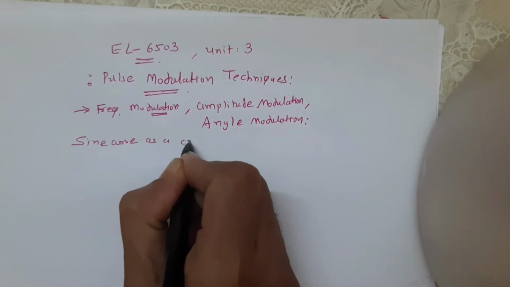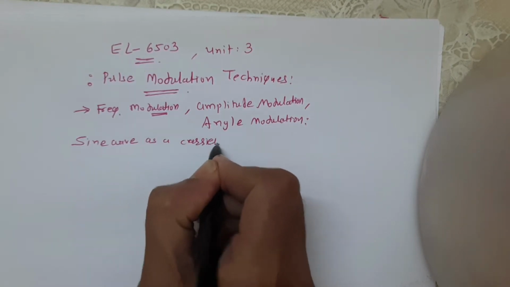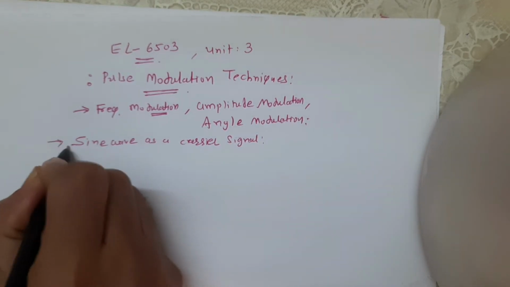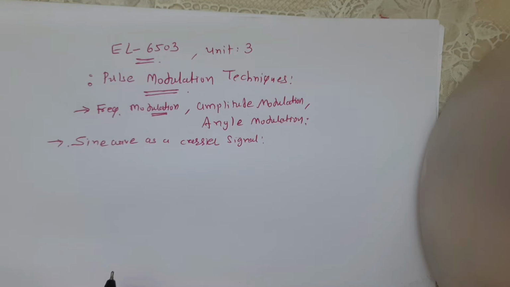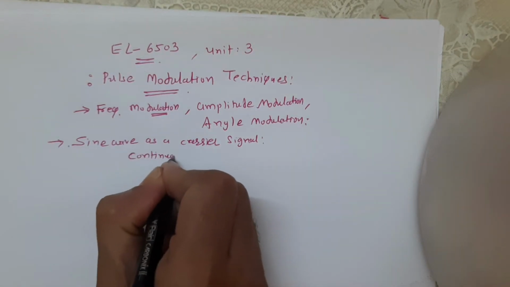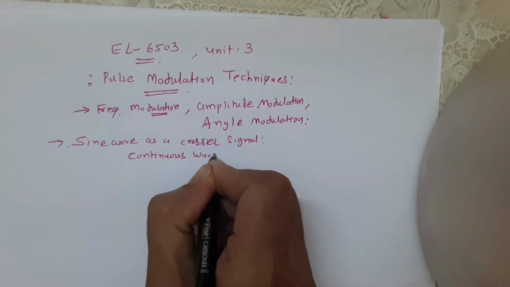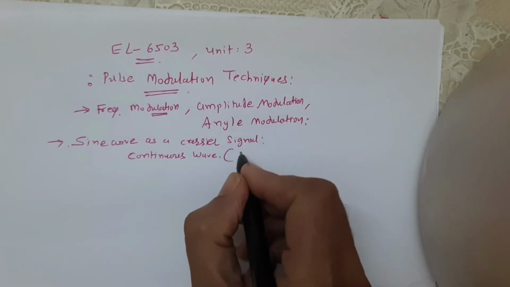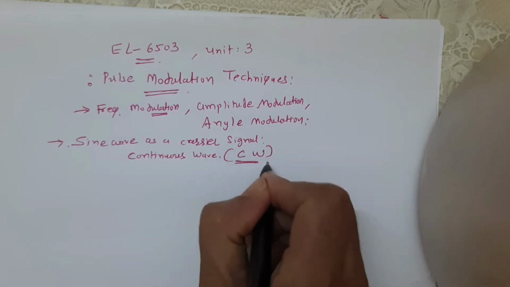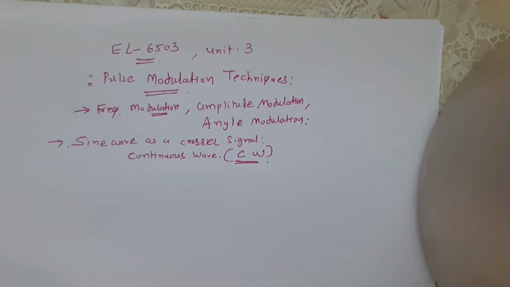Since a sine wave is used as a carrier signal, they are also termed as continuous wave. Now we discuss continuous wave as CW, continuous wave modulation techniques.